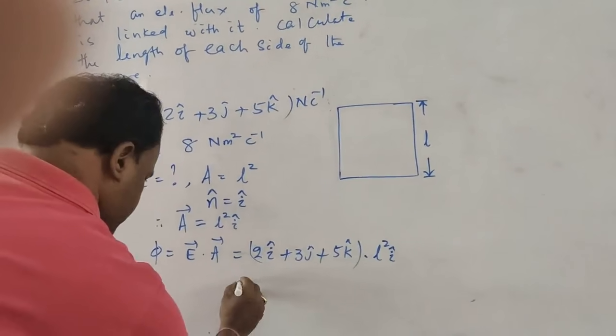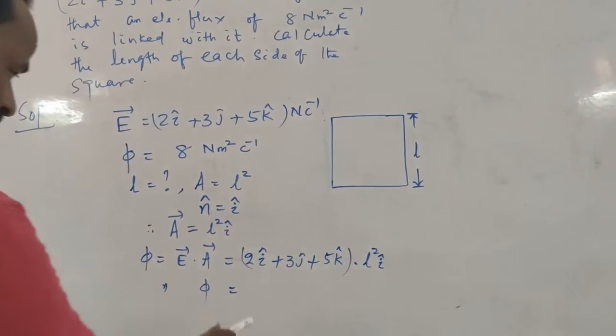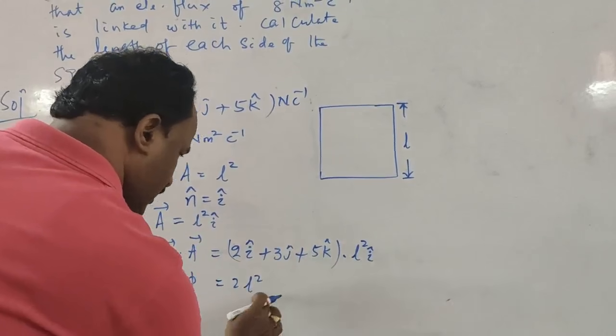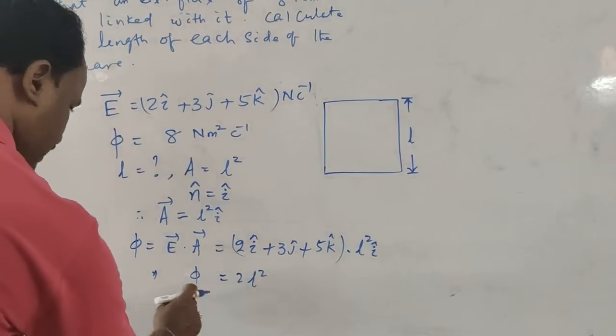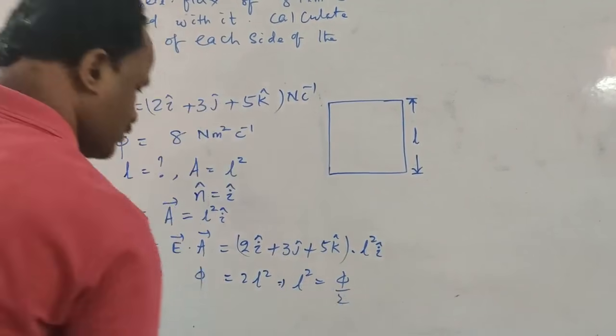So phi is equal to 2L square, since i dot i is 1, j dot i is 0, and k dot i is 0. Hence L square is equal to phi by 2.